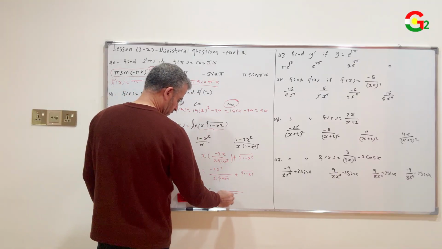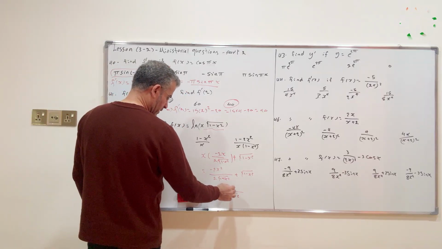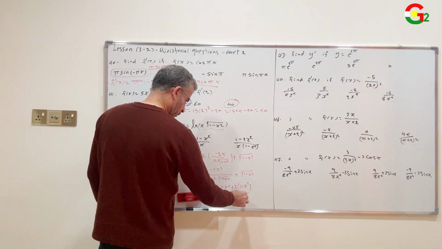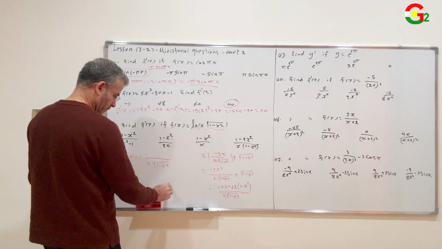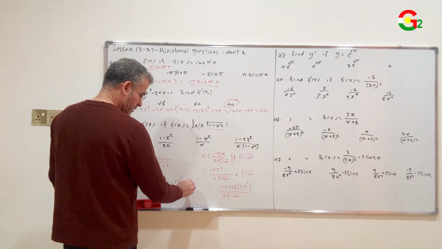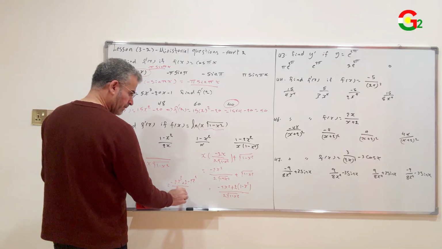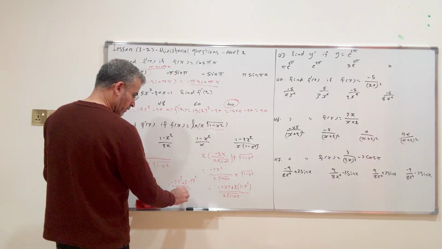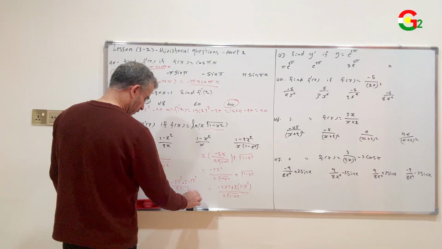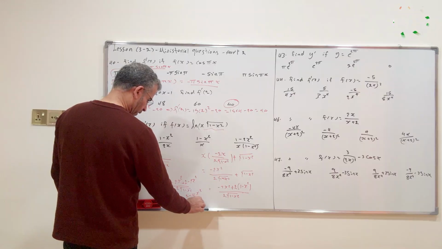The common denominator, 2 square root 1 minus x square, negative 2x square plus 2 times square root 1 minus x square squared, equal to negative 2x square plus 2 minus 2x square over 2 square root 1 minus x square, equal to negative 2x square, negative 2x square, negative 4x square, 2 minus 4x square over 2 square root 1 minus x square.